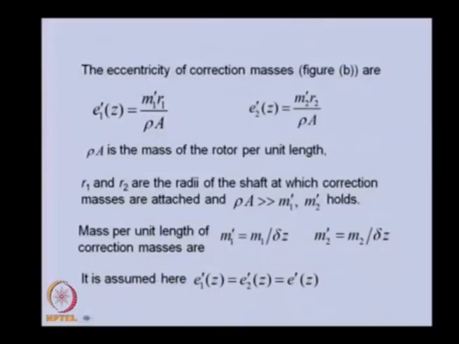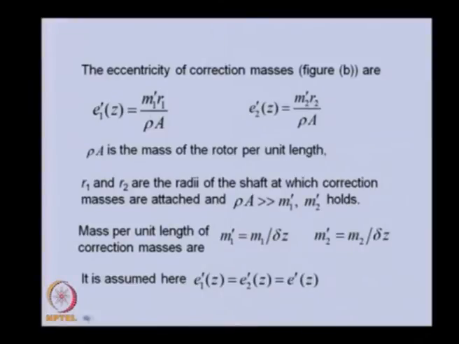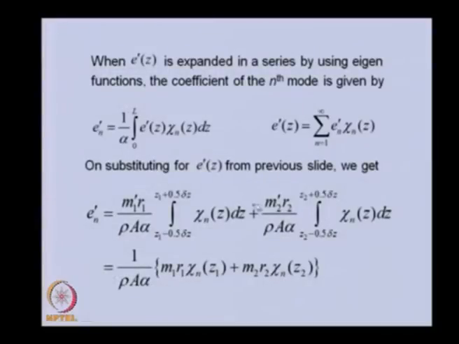So you can see that we will have integration from z1 minus half of delta z to plus half of delta z, and in that we have first the eccentricity distribution corresponding to E1, and in the remaining region this eccentricity is 0. In the second case where the second plane is there, this will be the eccentricity constant.